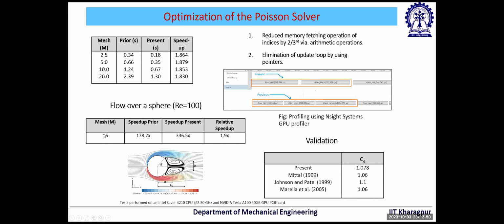We have seen a 16 million cell problem of flow over a sphere, where the memory requirement is reduced by the fetching operation, and we have eliminated the update loop using pointers, and we can see that we can substantially reduce the computational time for the Poisson equation compared to the previous one. For the 16 million problem, earlier we were getting 178x speed up, and now on the A100 GPU we are getting 336x speed up.